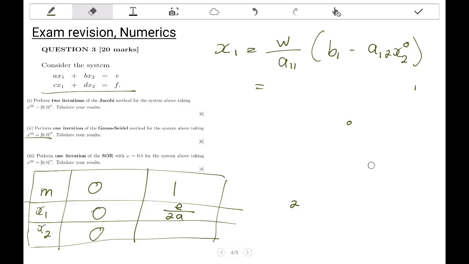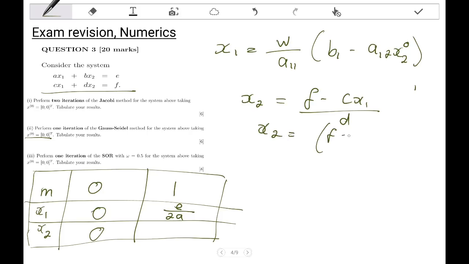Then let's move on to the second one, for x2. x2 is equal to, you make x2 the subject of the formula from equation 2, f minus c x1 all divided by d, multiplied by omega.